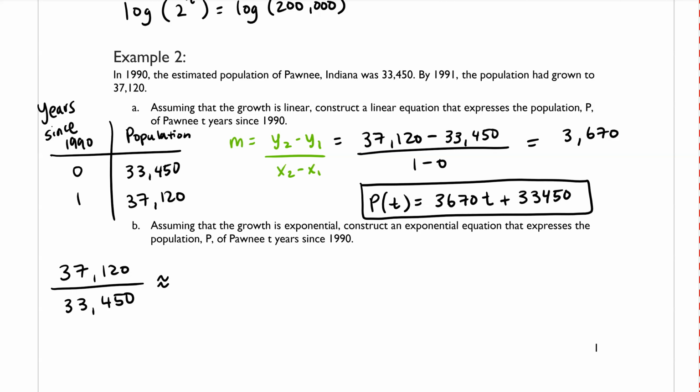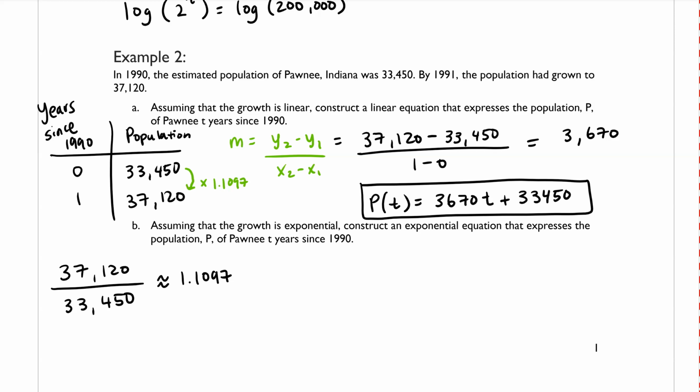So I threw that into my calculator, and that was approximately 1.1097. I did round that to 4 decimal places. And so what that means is to get from here to here, we are multiplying by 1.1097.